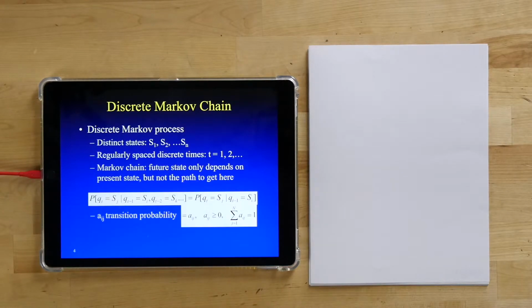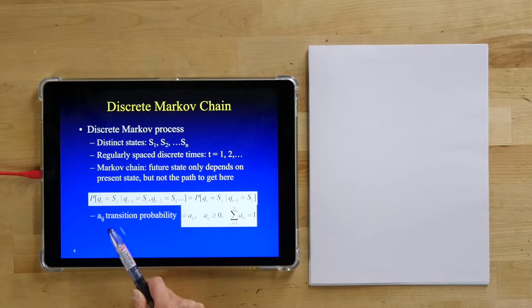In contrast, discrete Markov process, usually we have a few distinct classes, states, for example, S1, S2, S3, and we have regularly spaced discrete times like time 1, 2, 3. So a discrete Markov chain are situations where the future state only depends on the present state, but not the past to get here.